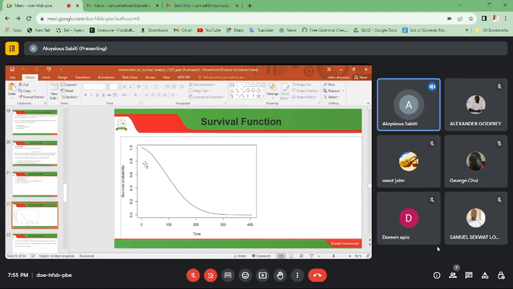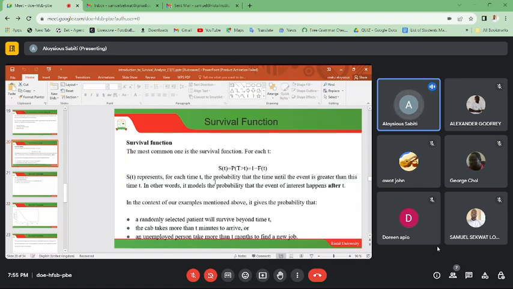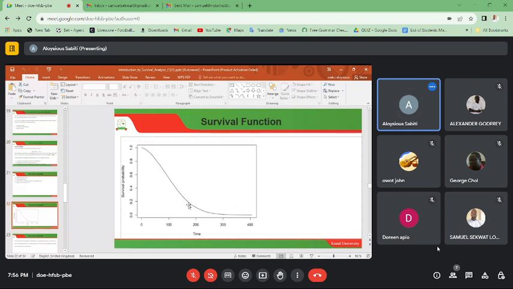However, what this means is that from this function definition, for each time t, the probability that the time until the event occurs is greater than this time t would mean that if this was our time t, meaning 0, the probability that an individual would get diabetes would be beyond this time 0.